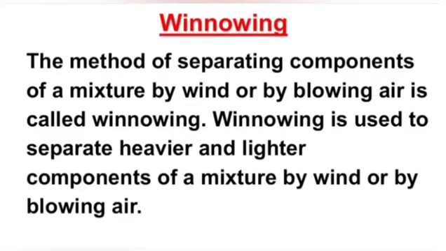Means in this method we separate the impurities with the help of wind or by blowing air. The impurities which are lighter are blown away by the air, and in this way we can separate the two components from a mixture.